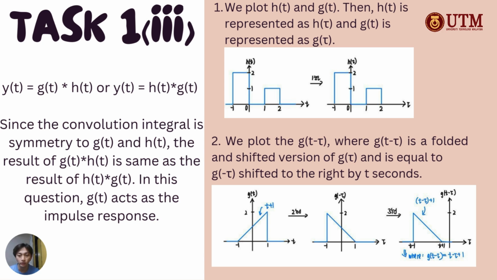Afterward, we express g(t) and h(t) in terms of tau, so they become g(τ) and h(τ). This change allows us to shift g(τ) relative to h(τ). The next step is to replace τ in g(τ) with t minus τ, which gives us g(t − τ), a flipped and shifted version of g(τ).